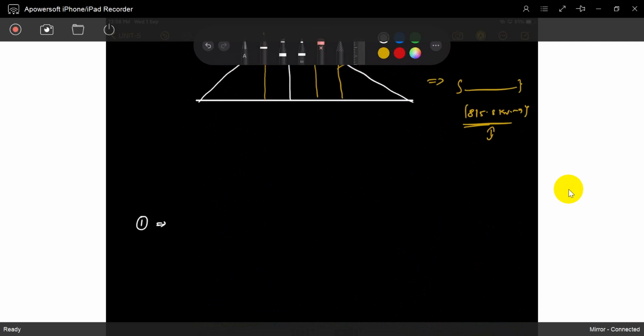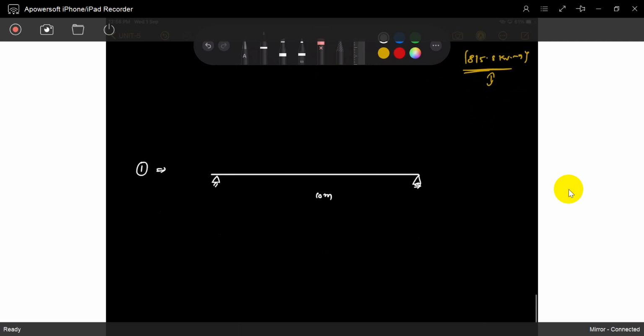A span of 10 meters. The rolling system is 120, 80, 100, 100, with spacings 0.8, 1.2, 1.